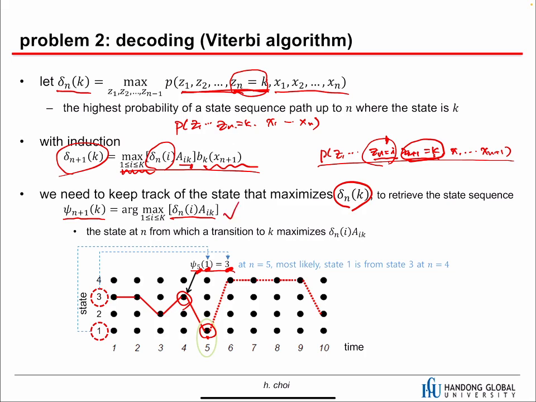That's what this psi means. Again, delta is the best probability of all the hidden states when we are at state k at time n, and psi defines the best hidden state in the previous time step.